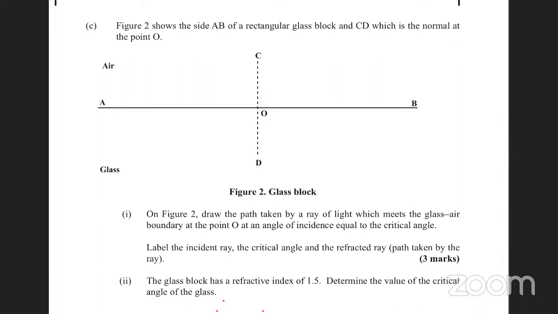So first part, they said glass-air boundary. So what direction are we coming from?